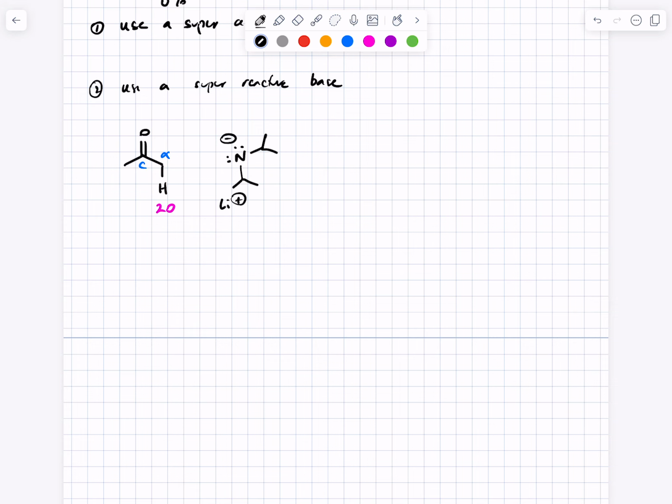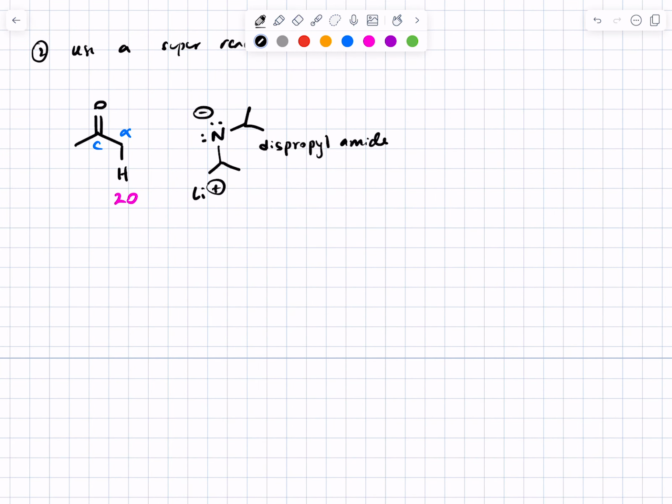Unfortunately, in organic chemistry, we use the term amide for two different things. Amide can refer to this kind of functional group, and it can also refer to a nitrogen with two R groups, two lone pairs, and a negative charge. I am sorry that it turned out that way. I didn't make up the rules, and it's too late to change it.